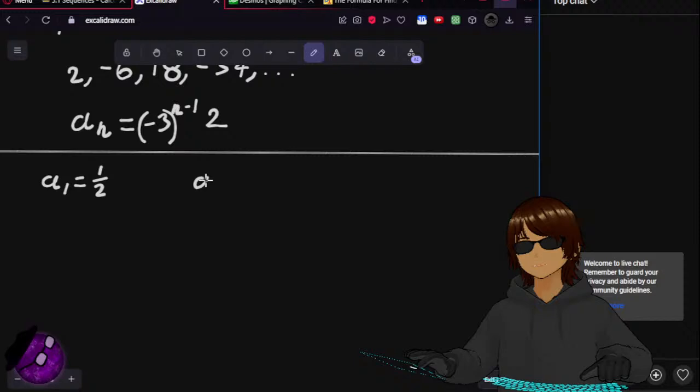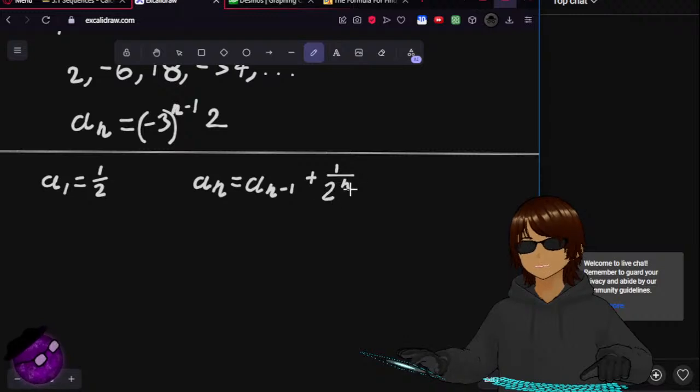A n is plus half to the power of n. And I can write it like this.